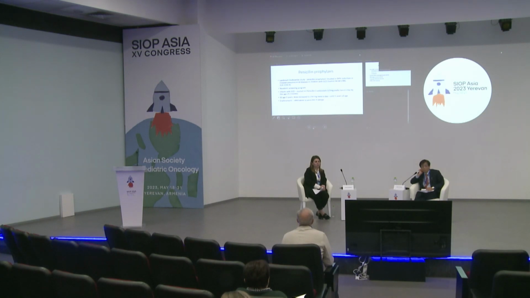There was a landmark multi-center study in the 80s which described the use of penicillin in young children diagnosed with sickle cell disease and resulted in 84% reduction in invasive pneumococcal disease, which led to universal newborn screening program in the US incorporating sickle cell disease as part of the newborn screening program. So all infants diagnosed with sickle cell disease are started on penicillin prophylaxis, and it's continued until 5 years of age.